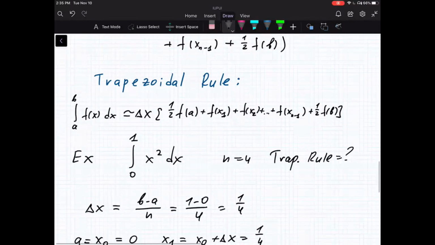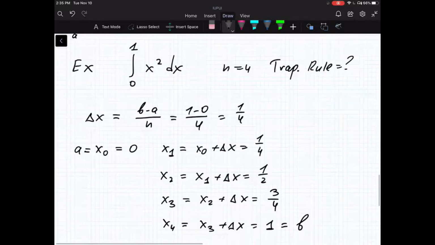And then we just need to evaluate our function at those points and then use the trapezoidal rule.